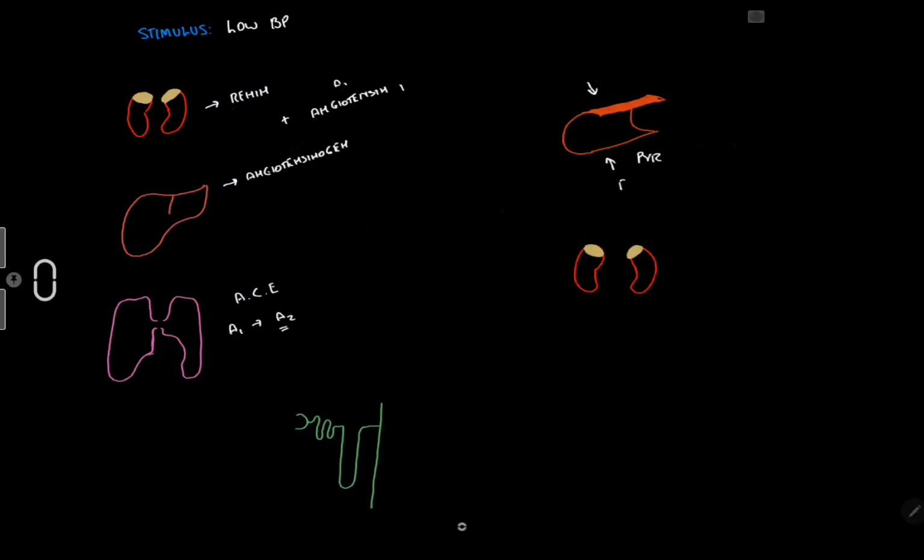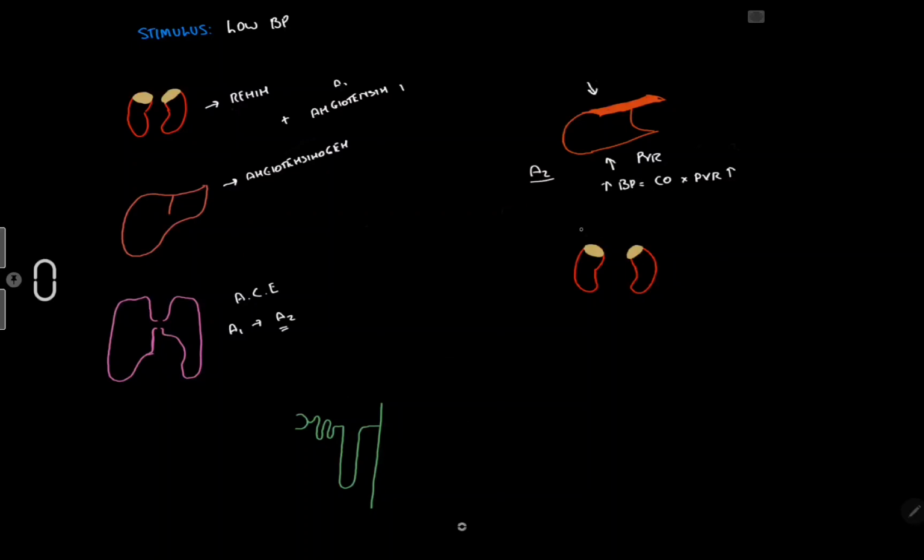And if we recall that table which sums blood pressure up for us, we have our cardiac output, and we times that by peripheral vascular resistance. So by increasing PVR, we've increased blood pressure. So this is the first instance that angiotensin 2 here is then raising blood pressure.